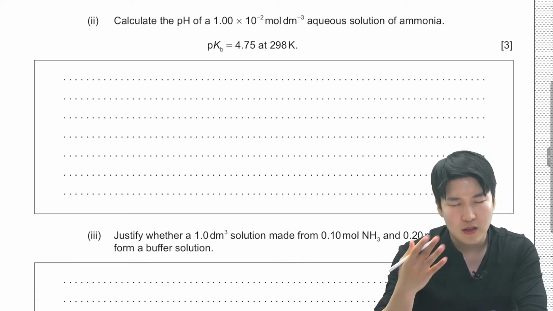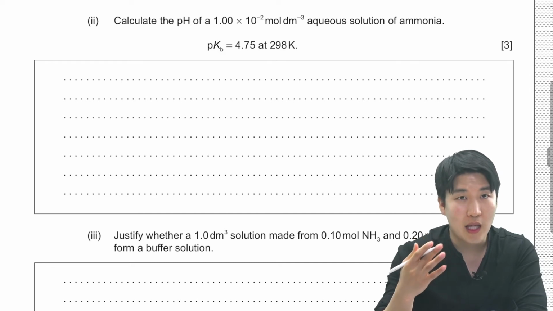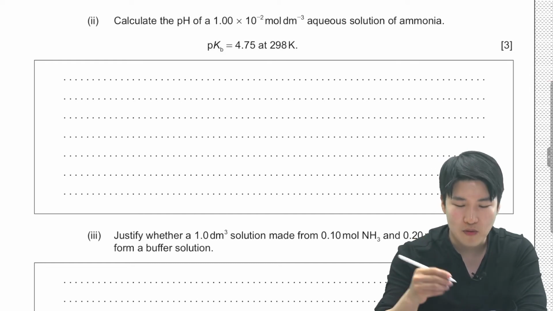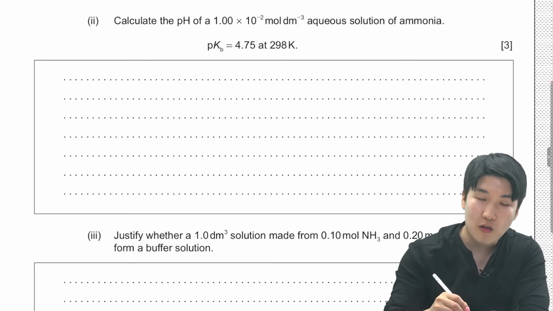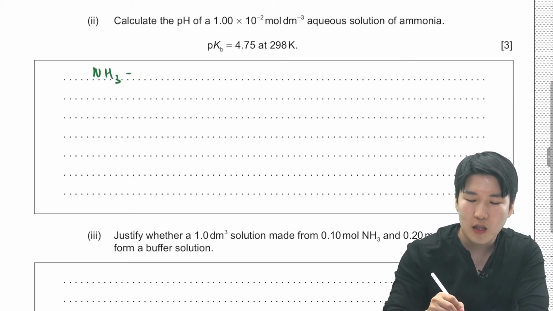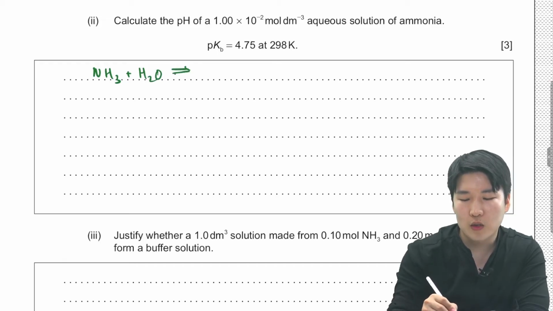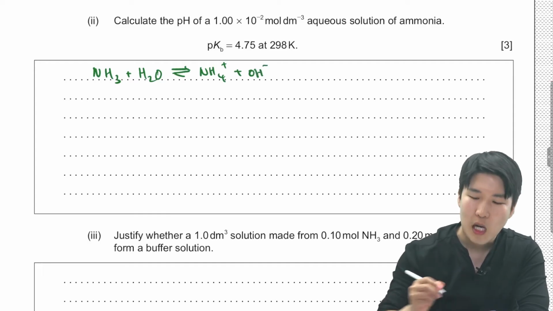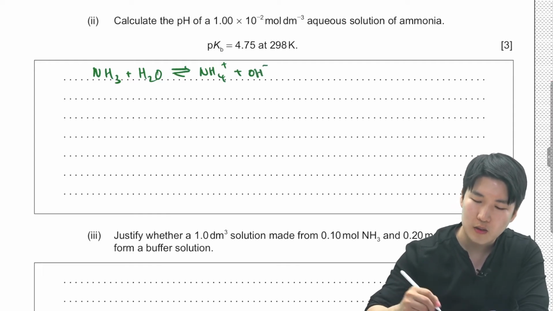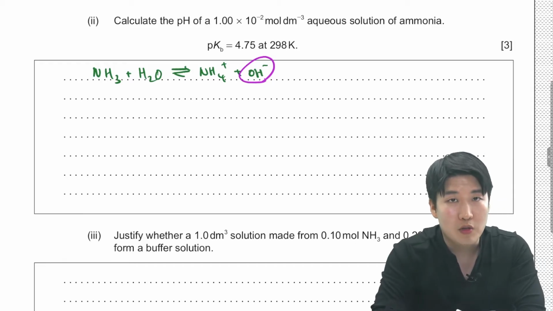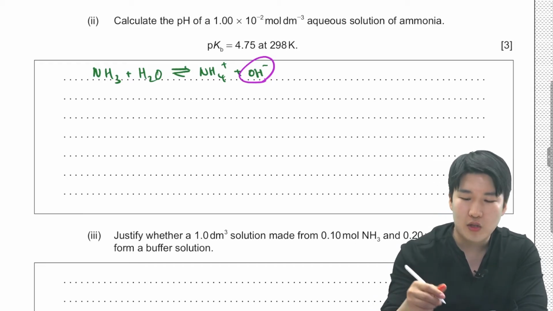Write the Kb or Ka, in our case Kb, expression first. Kb expression is derived from where? NH3 acting as a weak base, by reacting with water and turning into its conjugate acid to produce OH minus. OH minus is the important species produced because that determines pOH.